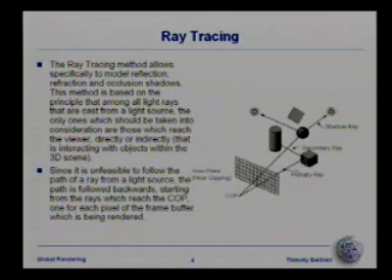So you see, starting from the light source would be unreasonable, because it would mean, theoretically, casting an infinite number of rays in an infinite number of directions in order to find out which rays are actually going to reach the center of projection.